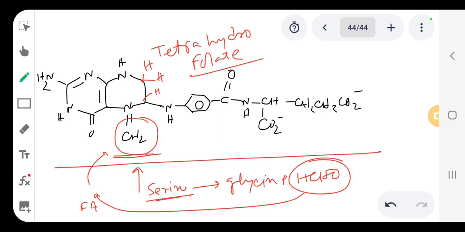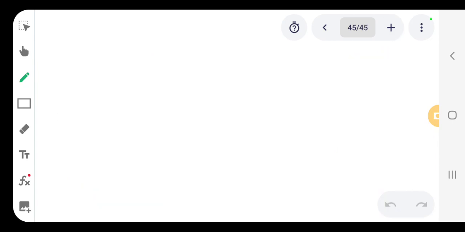So CH2THF, this is the structure of CH2THF. Now we will shortly go through the last reaction we have studied. Several reactions happen in our body to produce the coenzymes from folic acid to tetrahydrofolate to the coenzyme.